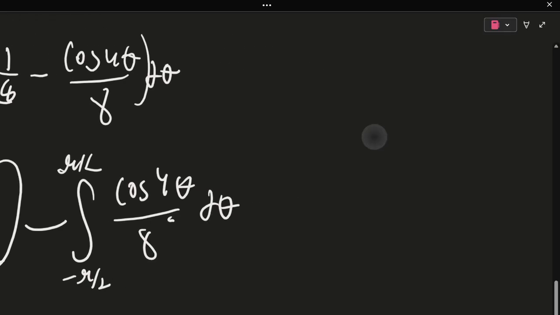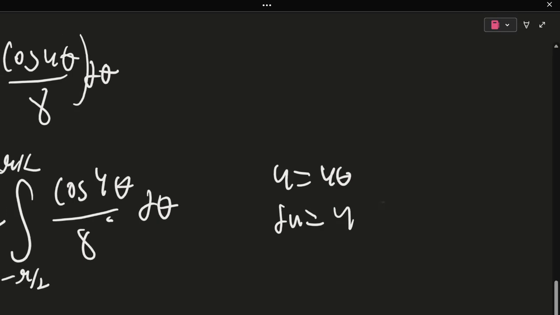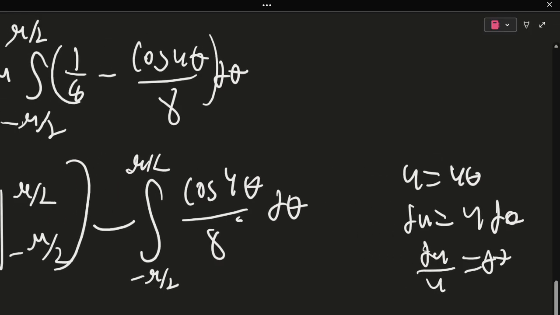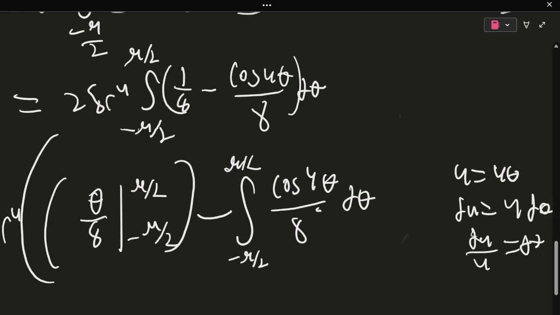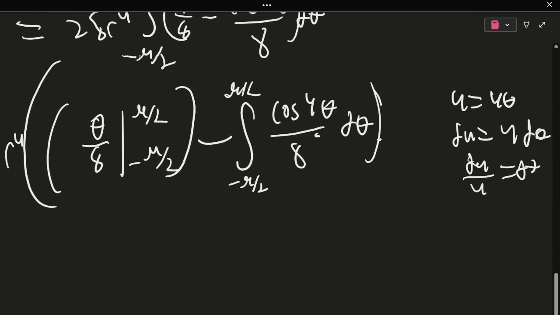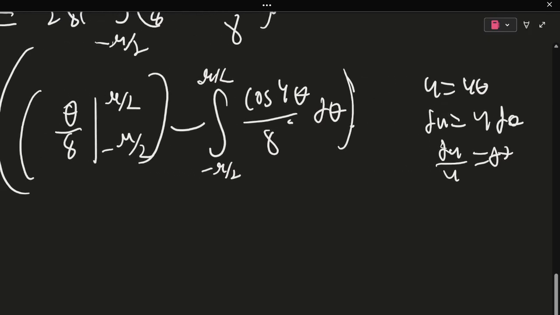Well, for this, we're going to have u is equal to 4 theta. du is equal to 4 d theta. So du over 4 is equal to d theta. So we have cosine, and I'm just going to write this little part of the expression out.